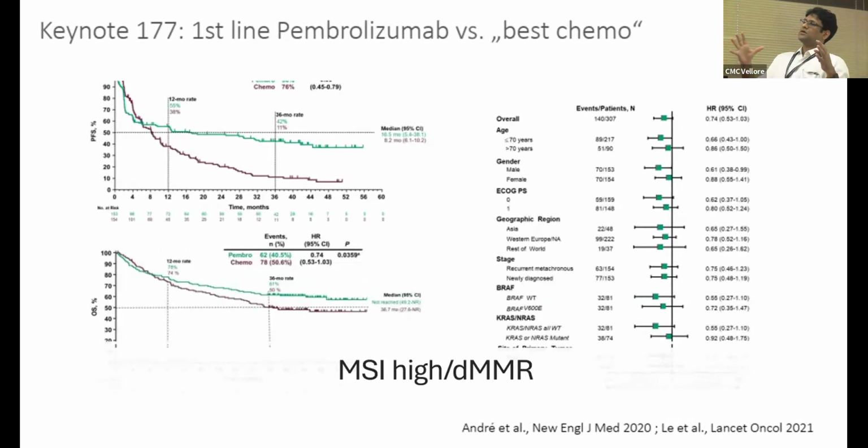So these MSI high tumors have a very high mutation burden. Why is that important? Because all these mutations are going to get translated to abnormal proteins, right? And those abnormal proteins are going to be expressed on the cells as abnormal antigens. So there's a word called neoantigens. Okay. So these abnormal antigens are going to be picked up by your immune system.